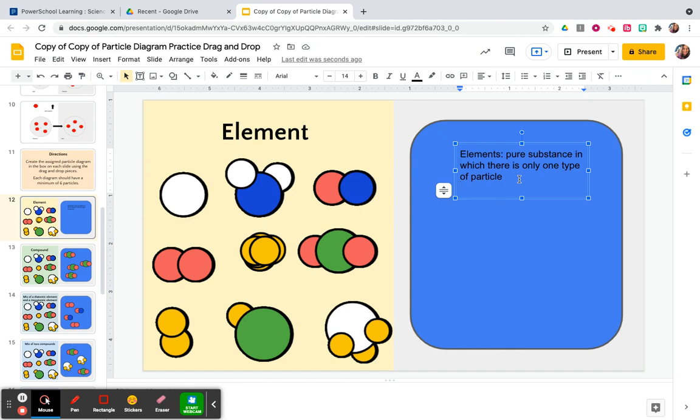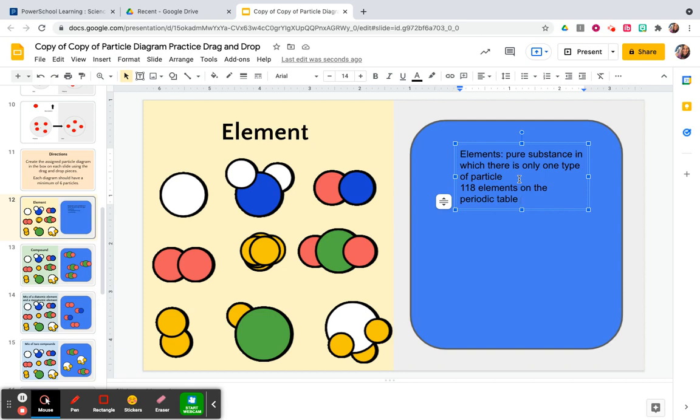Now, you can have elements that are what we call monatomic and diatomic and polyatomic, whatever. But there's only going to be one type of particle in all of these. There's 118 elements on the periodic table. You will be able to recognize these because they have symbols.